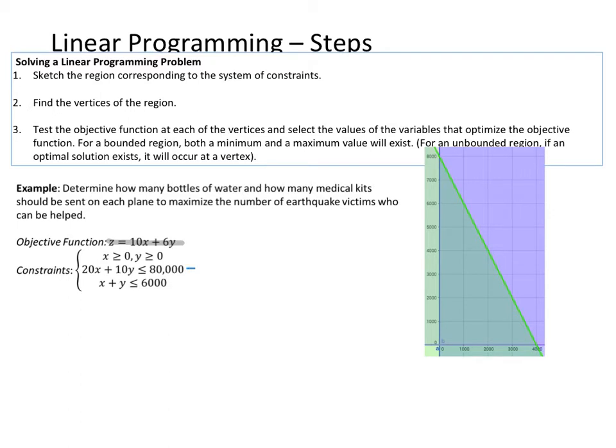It's a linear equation, so remember we have to solve for the y variable so it's in slope-intercept form. In order to do so, we're going to subtract the x to the other side with the 80,000, and then divide by 10.